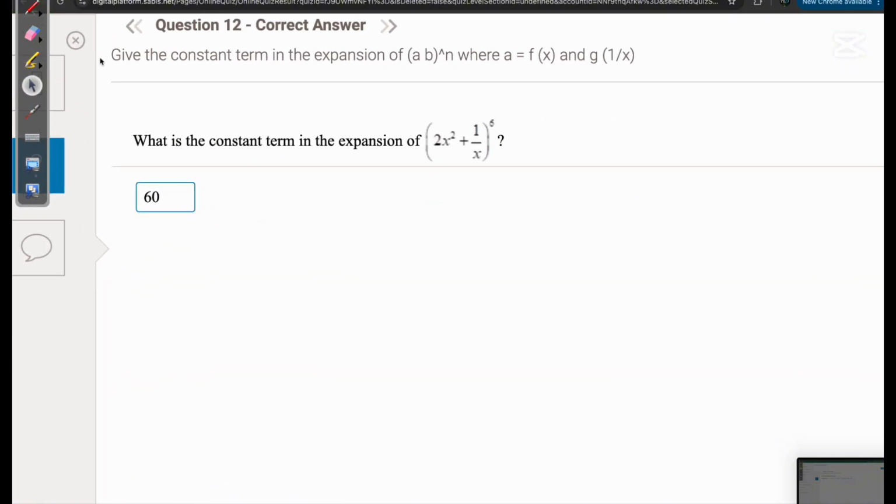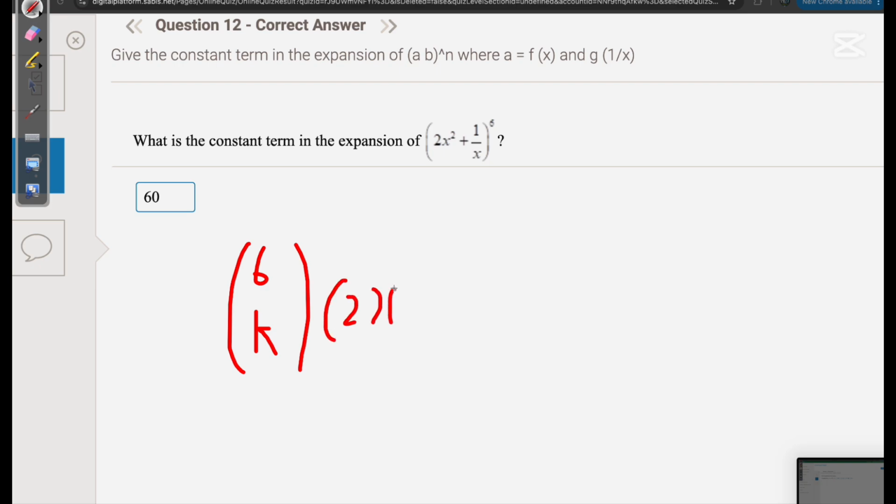What is the constant term in the expansion? So 6Ck, 2x squared, all of that to the power of 6 minus k, plus x to the power of negative k, because we took it from the denominator up.